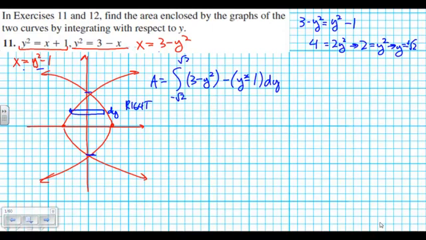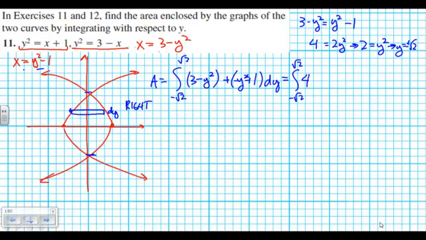All right. Now let's do the process of cleaning up and integrating. The integral from negative root 2 to root 2. Let's distribute this negative sign through both of these terms. And I get a positive 1 and a positive 3 to make a positive 4.